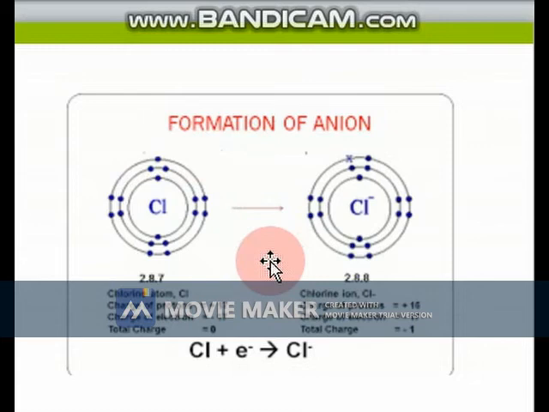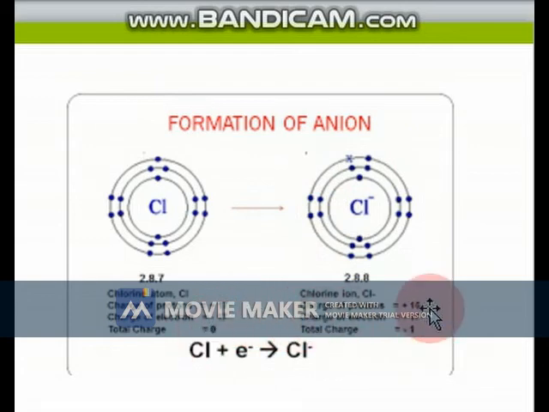So we have here chlorine. Chlorine has 3 shells, with the last shell carrying 7 electrons. Because of the number of electrons in the last shell, chlorine will need 1 more electron to make it completely filled. And so it maintains its 3 shells and brings in an additional electron from some other element. You have plus 17 minus 17 gives us 0.